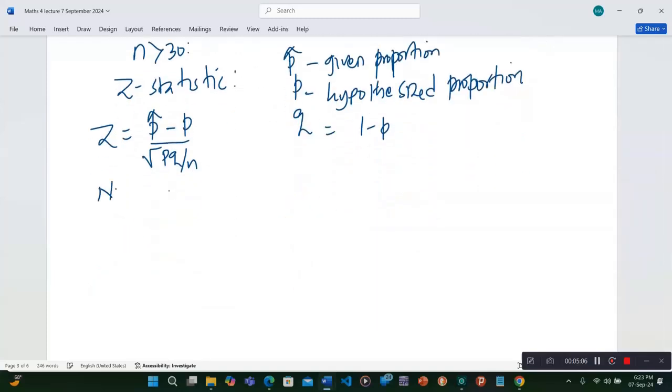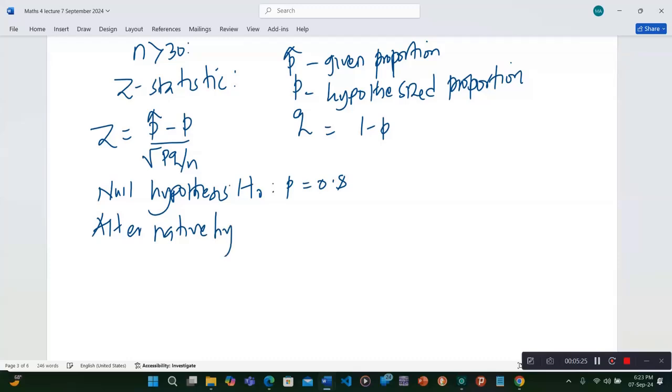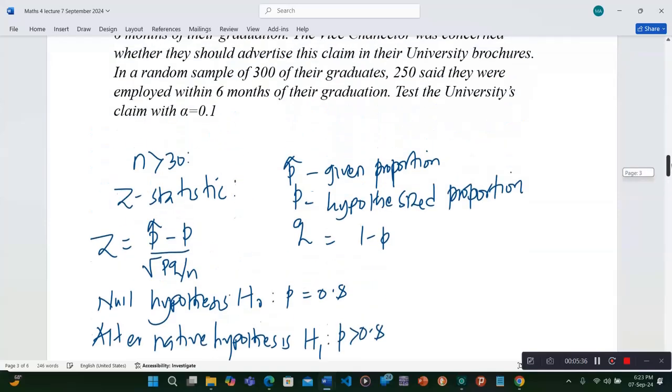So that is H naught. H naught is saying that our P is 0.8. And the alternative hypothesis, which is H1, is P greater than 0.8, according to what is here.